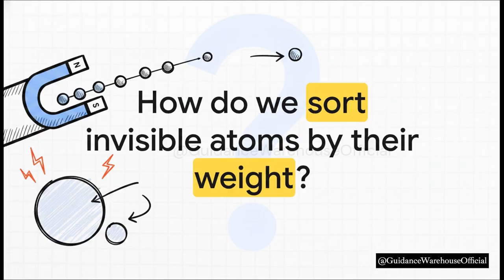If you roll a really heavy steel ball, the magnet might only deflect its path a tiny bit, but if you flick a tiny little steel BB past that exact same magnet, it's going to get pulled way, way off course. By giving atoms an electrical charge and firing them through a magnetic field, scientists can see exactly how far they bend, literally sorting the invisible world physically by mass. It is nothing short of brilliant, and it's how we unlock the microscopic mysteries of the atom.